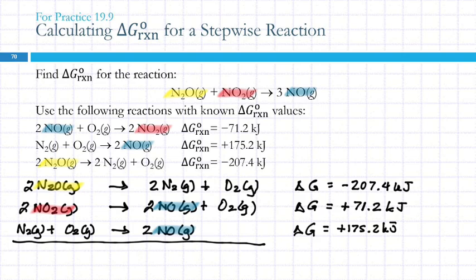There's a couple different ways you could do this. What seems the simplest here is, well, let's double this reaction, because I need two N2s to cancel those. So I'm going to multiply that by 2, and this by 2, and this by 2. And when I do that, I also multiply this by 2, because I've got twice as much. So the free energy change is twice as large.